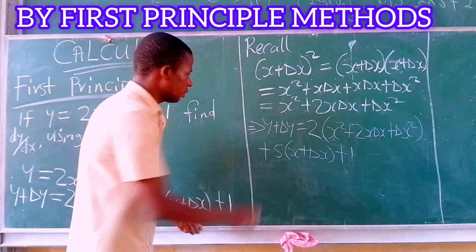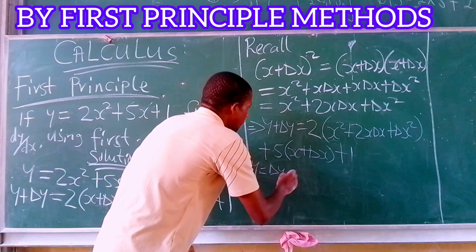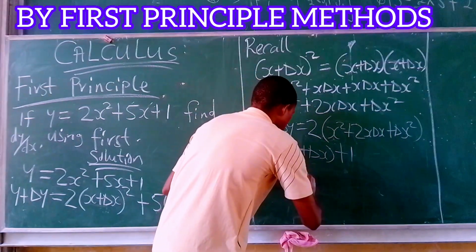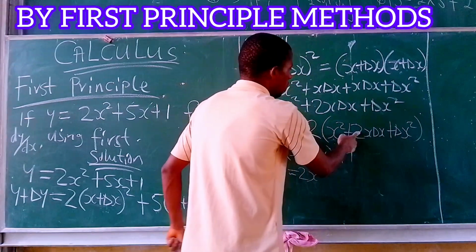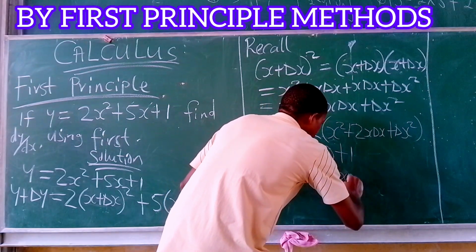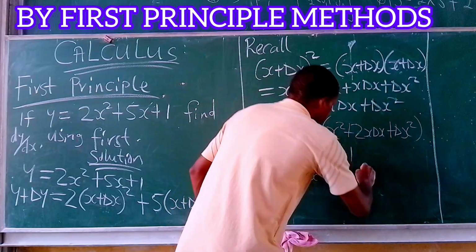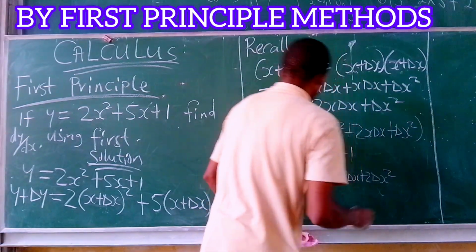Let's expand them more. Our y equals 2 multiplied by x squared, which gives us 2x squared, right? 2 multiplied by 2x δx is plus 4x δx, right? 2 multiplied by δx squared is plus 2 δx squared, right? That's nice.